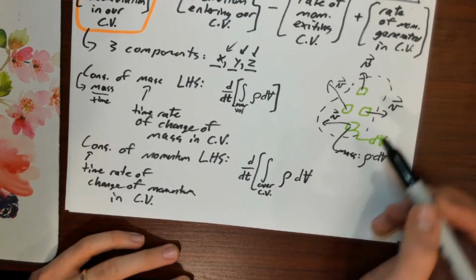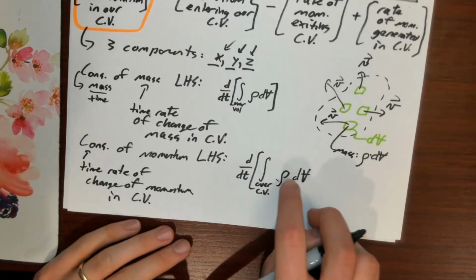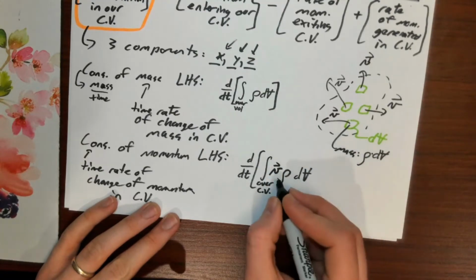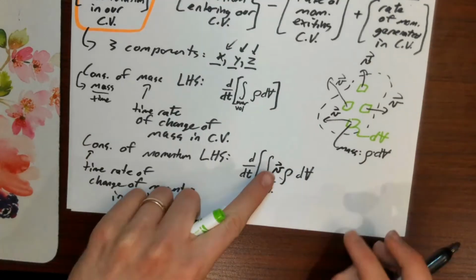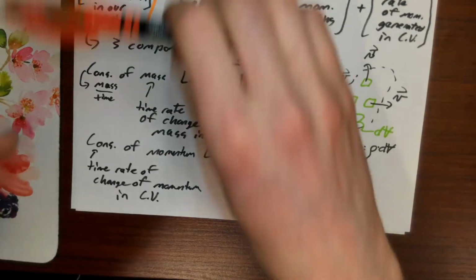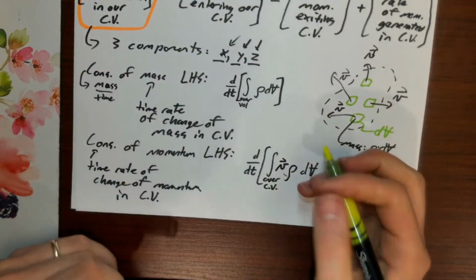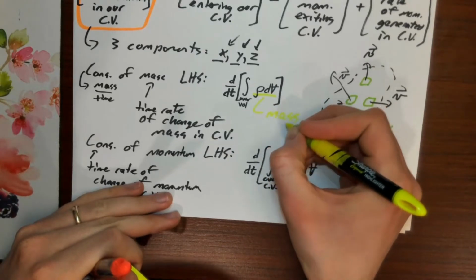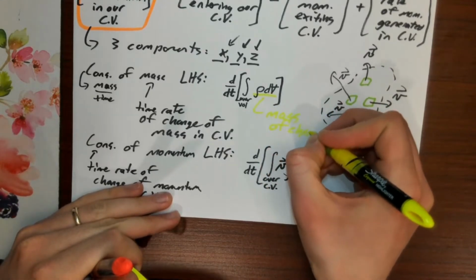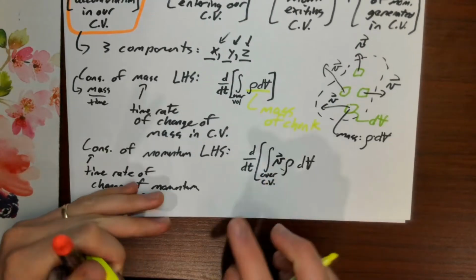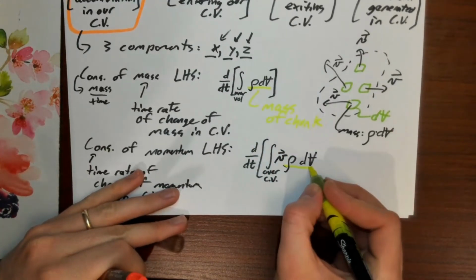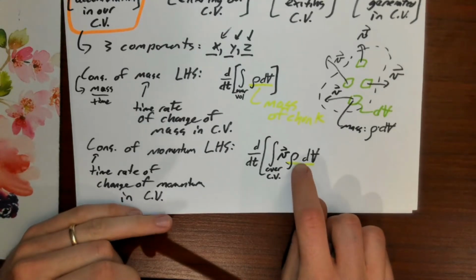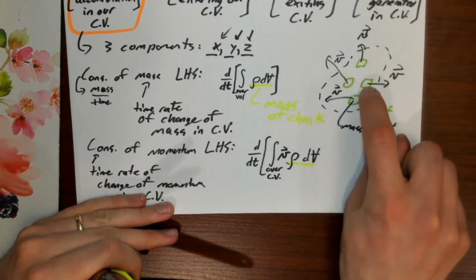Well, the mass of the little chunk is rho dV, so if I want the momentum of each little chunk, I just take that and multiply it by velocity, right? So this right here is still the mass of a chunk, but the way I go from mass to momentum is just to multiply it by whatever the velocity of that little chunk is.